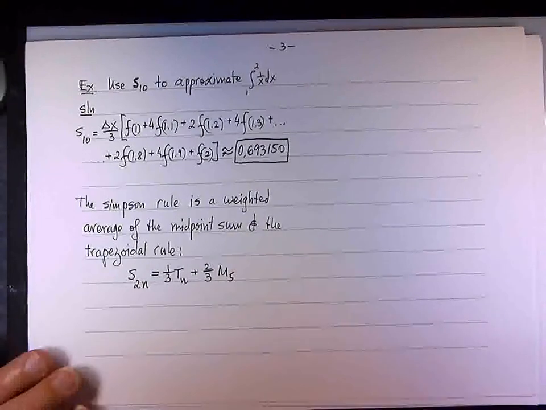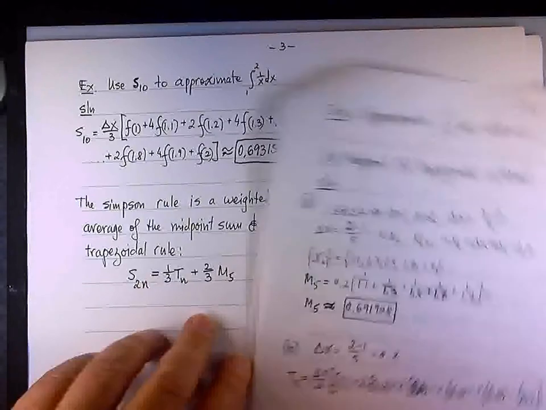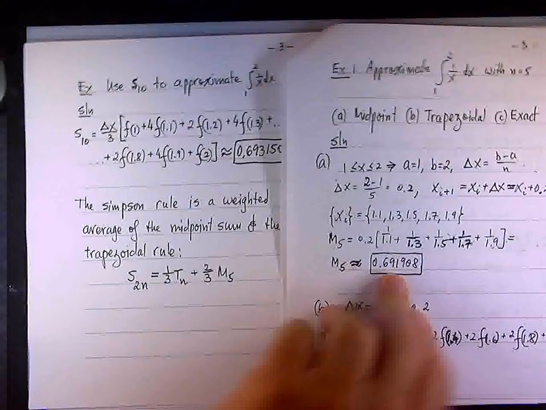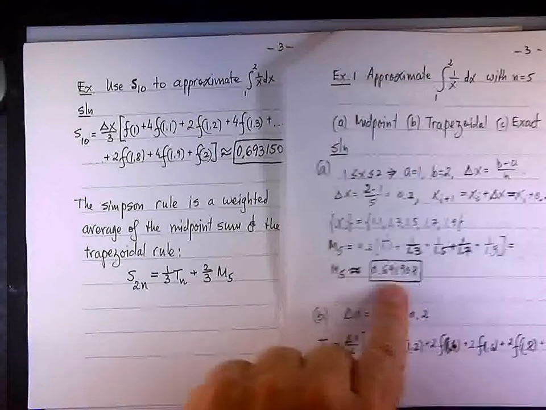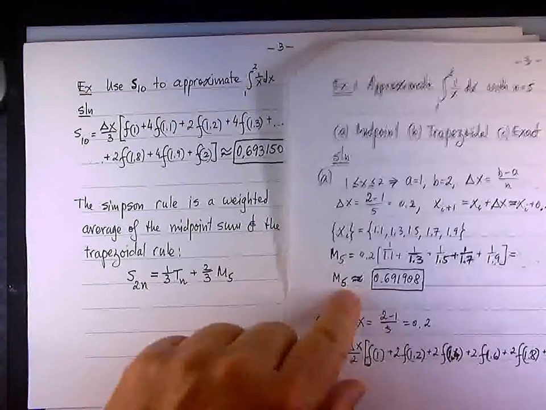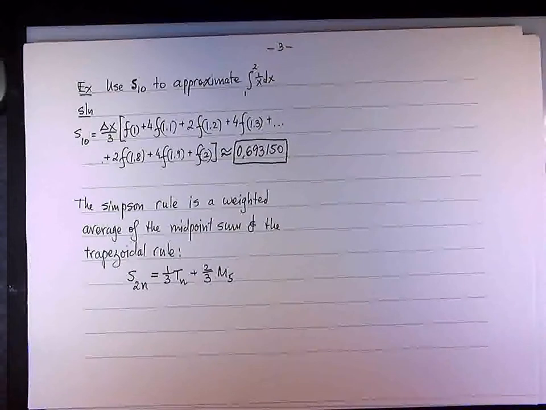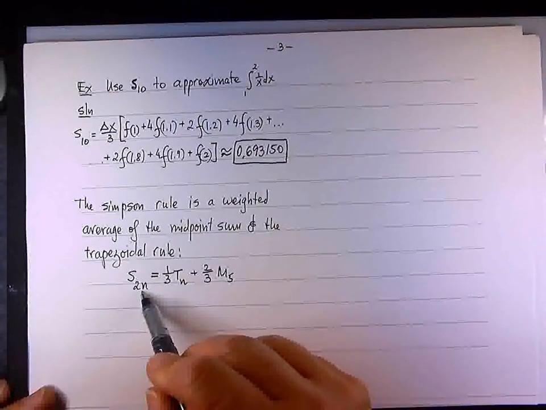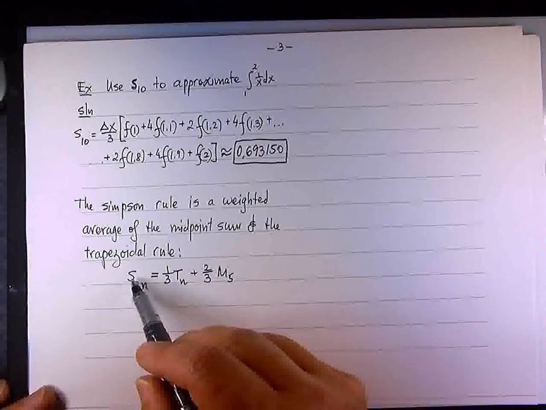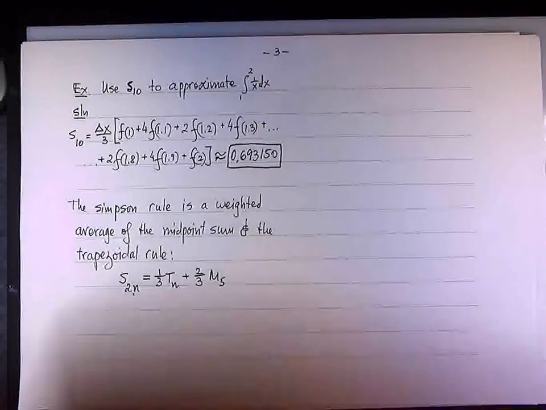So if you look at the result that we had before, we used T of 5, M of 5. We would obtain the same result if we took 1/3 of this and 2/3 of that, in this case T5, M5, and this will be the same result as this one. This applies to the Simpson rule when you double the number of subintervals.